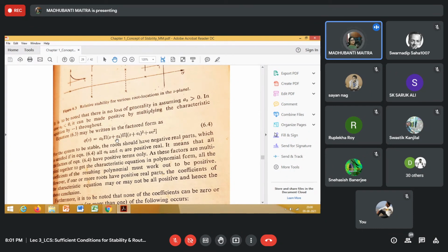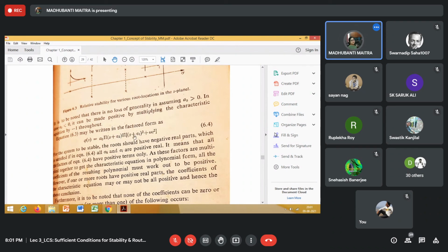So if sigma 1 is positive, then only the root will lie in the left half of the S plane. Agree? Yes, ma'am. Okay. So for the system to be stable, the sigma k's will have to be positive.